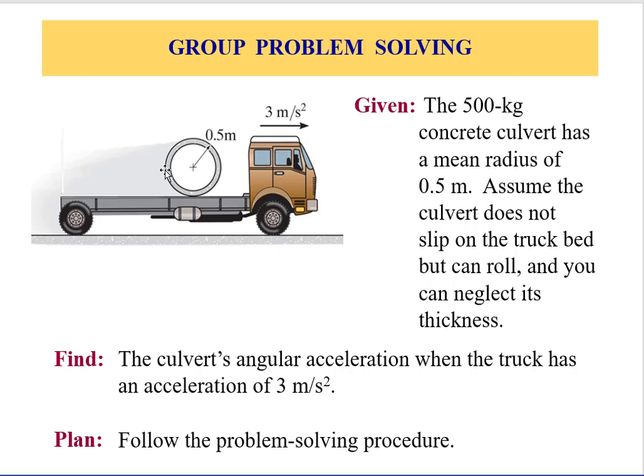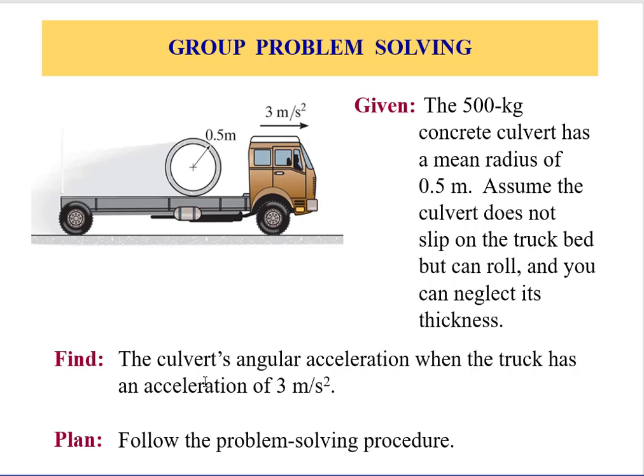That means we can calculate the moment of inertia of this shell cylinder using the formula IG equal to the mass multiplied by the radius, 0.5, squared, because that's by definition the radius of gyration. Okay, so that's what it means.